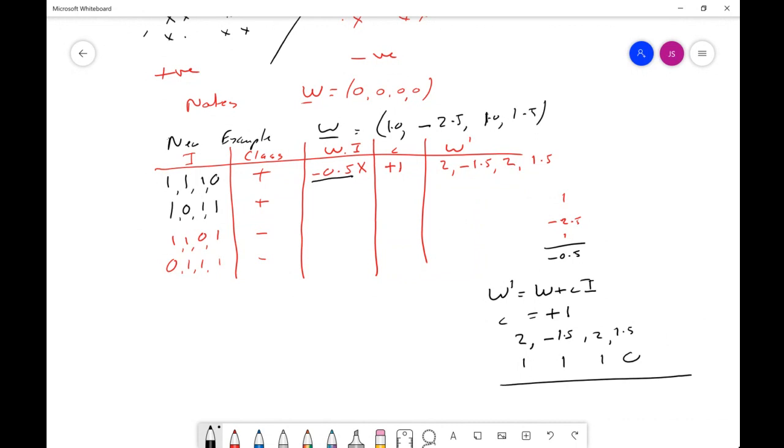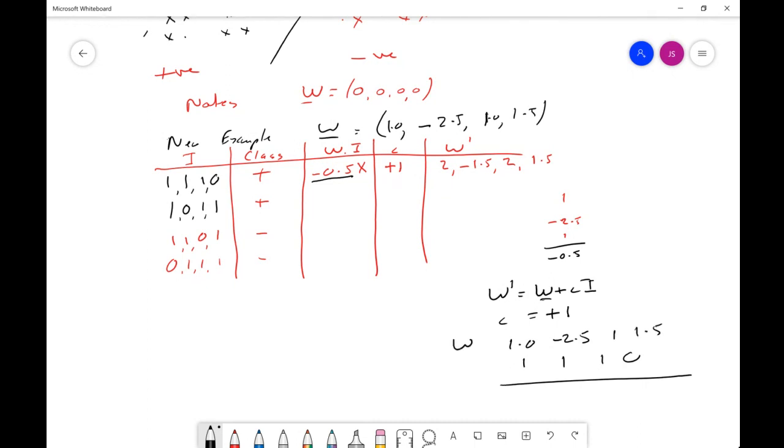Silly me, I've made a mistake. That's the updated weight vector, isn't it? This W there is this one here. It is 1, minus 2.5, 1 and 1.5.